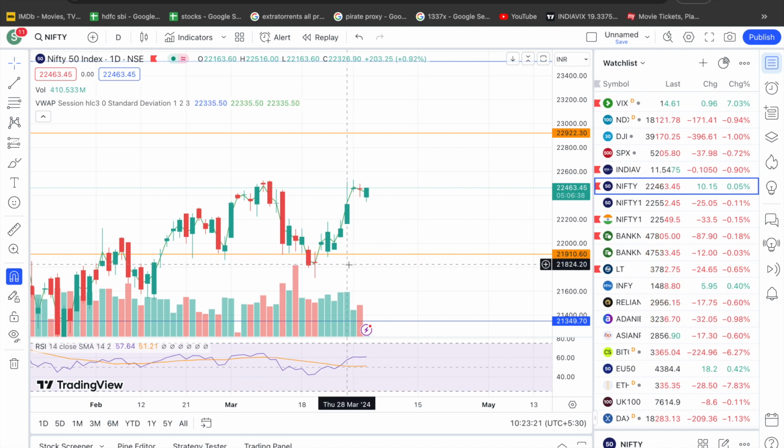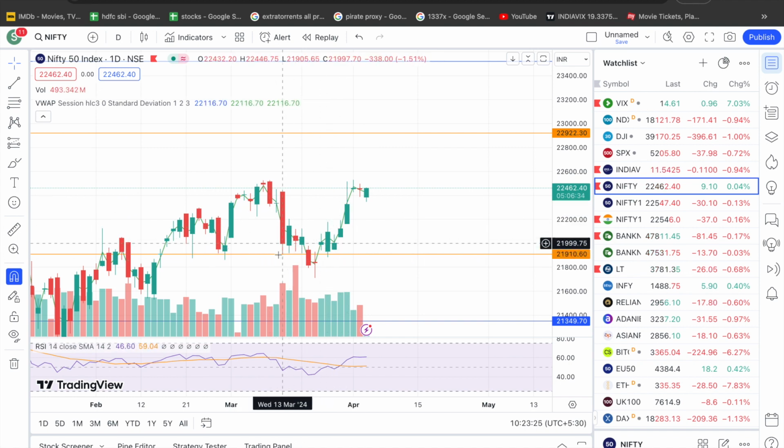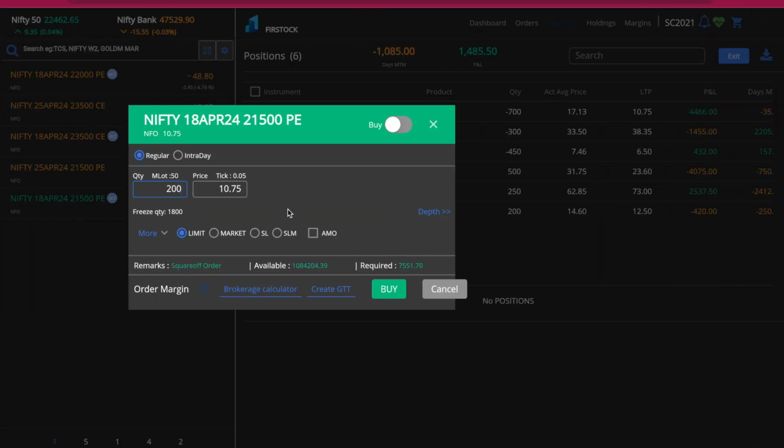We're showing some decent signs of rejection from here, and because of this two-time rejection, I think 22,000 becomes a very strong support. So I'll bring it up to 22,000.